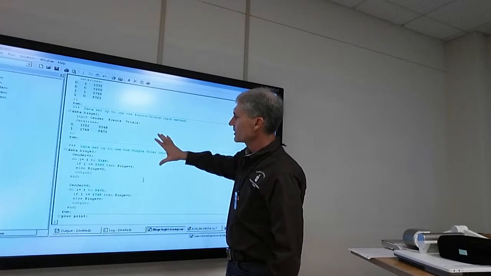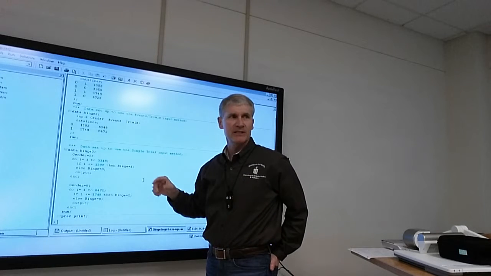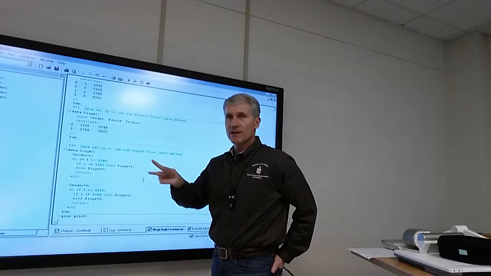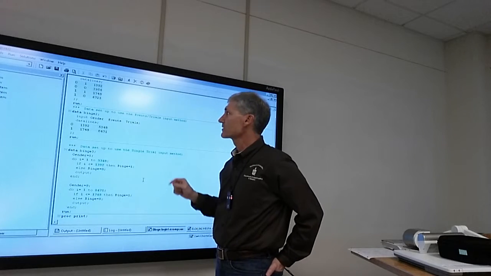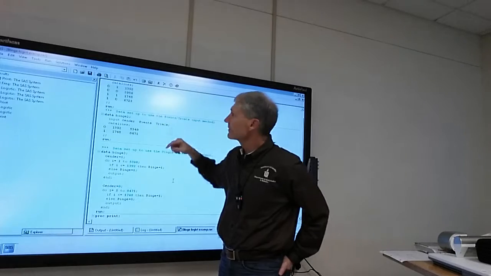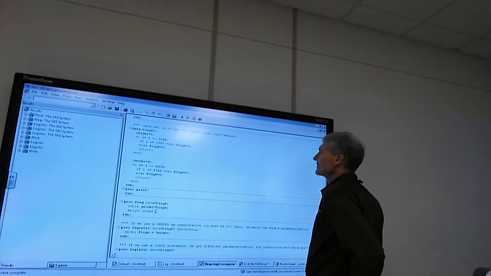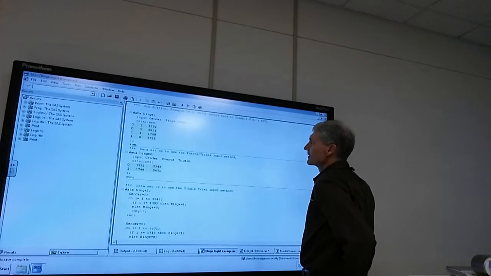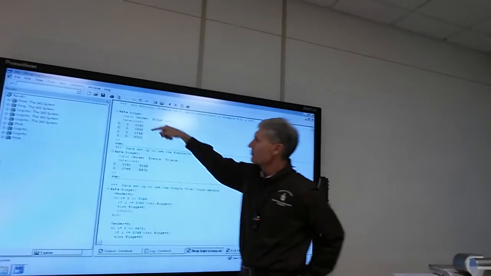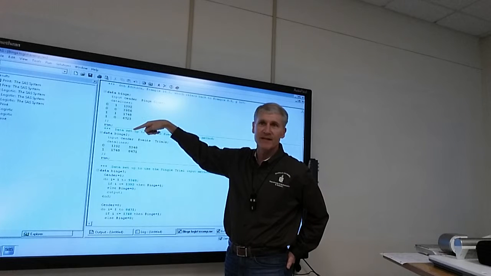So the first thing I wanted to talk about was that SAS will allow the data to be set up in 3 different ways. For this particular example, here are the numbers that we had in the 4 cells of that table.